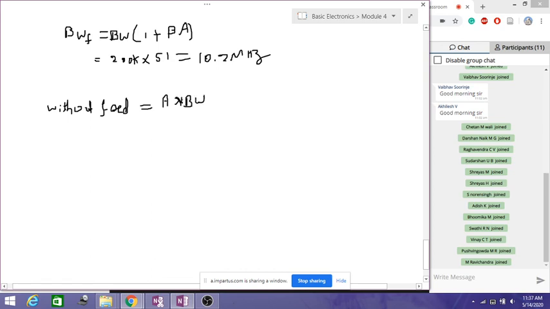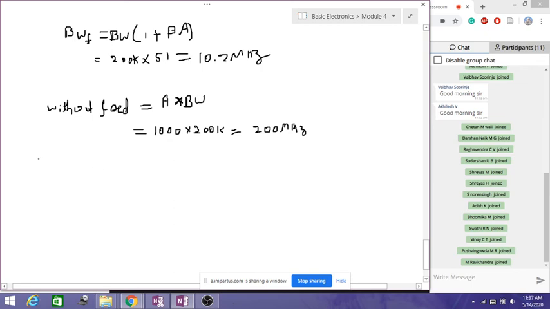Just concentrate on the equation. It is A into the bandwidth which is given, so it is 1000 into the 200 kilohertz given there. So then we have a gain bandwidth product of 200 megahertz.